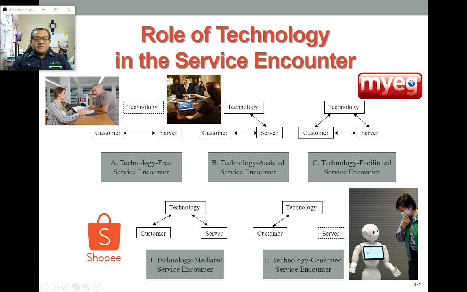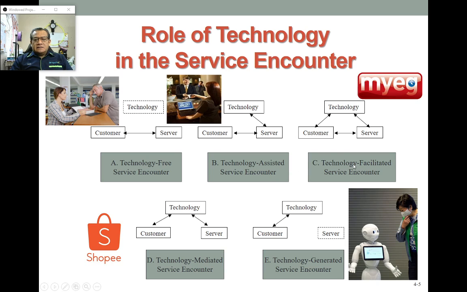This guy is reserving or booking a room at Hilton Hotel, and at the same time the Hilton employee is using the Hilton customer reservation computer system to record the transaction and the booking. So this is what is called a technology-assisted service encounter.